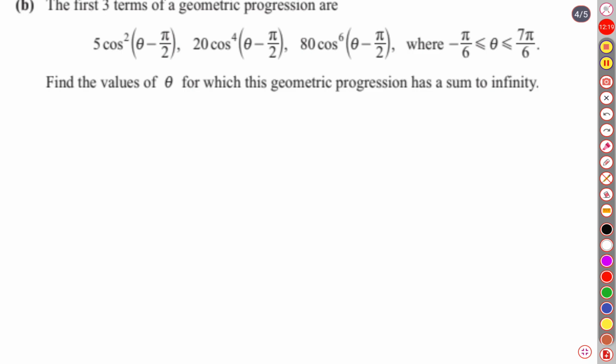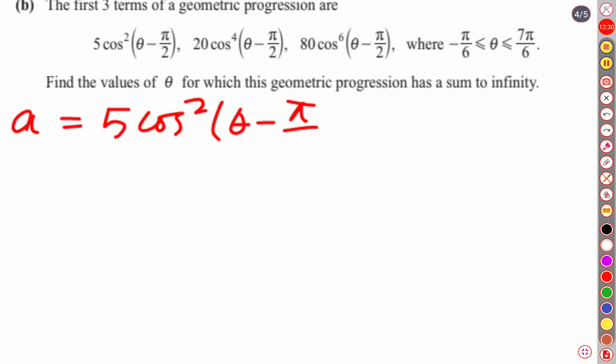First of all, let's write the first term a. The first term is 5 cos^2(theta minus pi over 2). Then for a geometric progression, we find the common ratio.